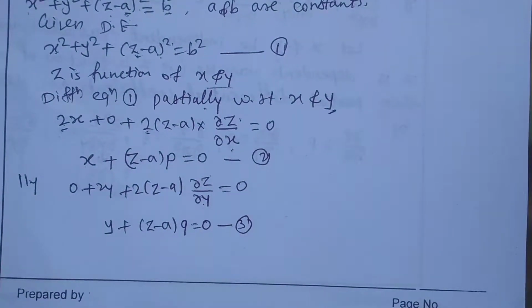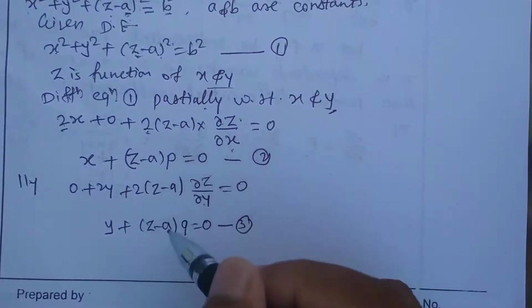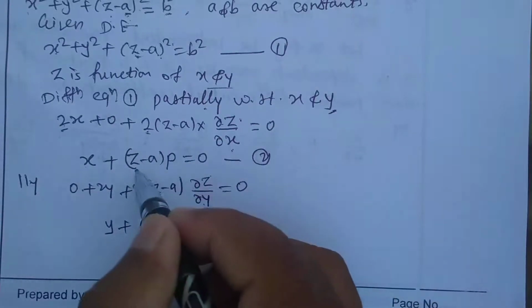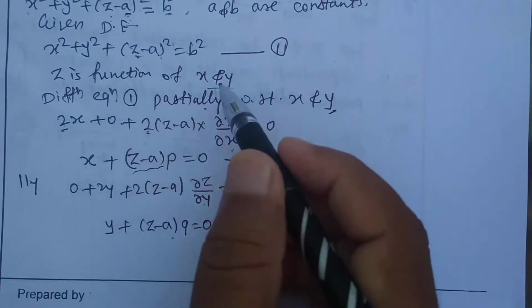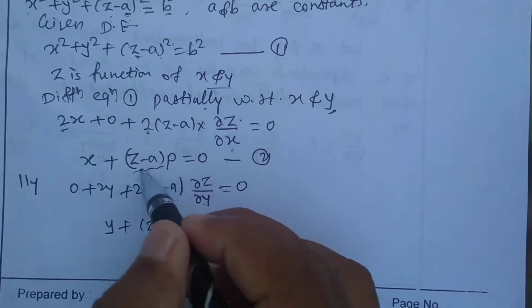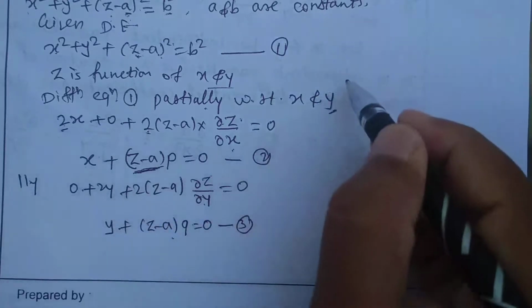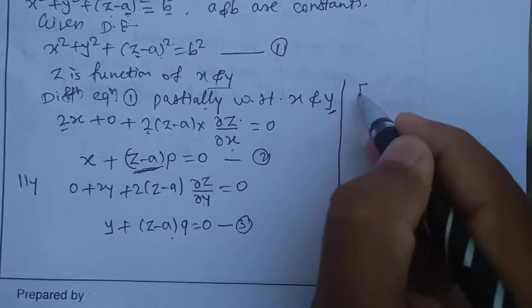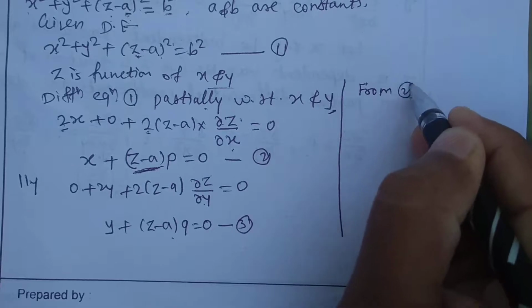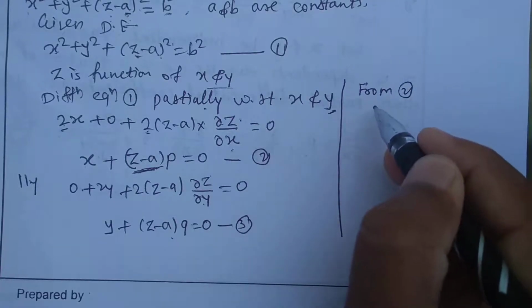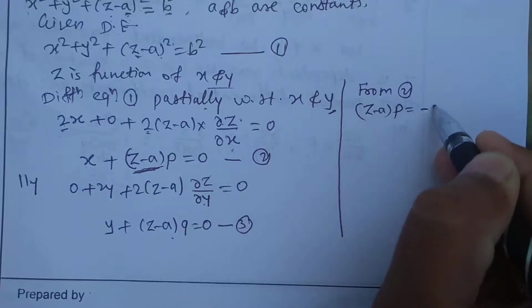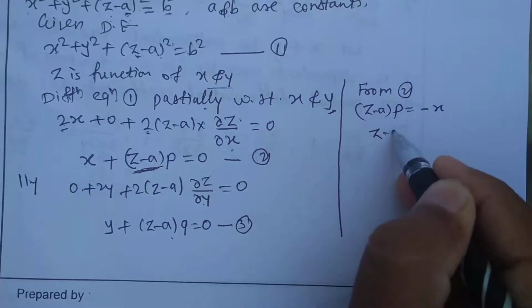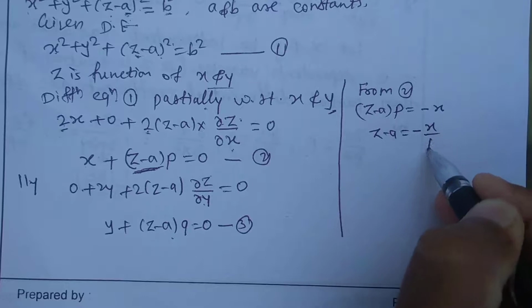Now from equation 2 and equation 3, we are going to eliminate the constants a and b. First, from equation 2, calculate the value of z minus a. We can write (z minus a) into p is equal to minus x. So z minus a is equal to minus x upon p.